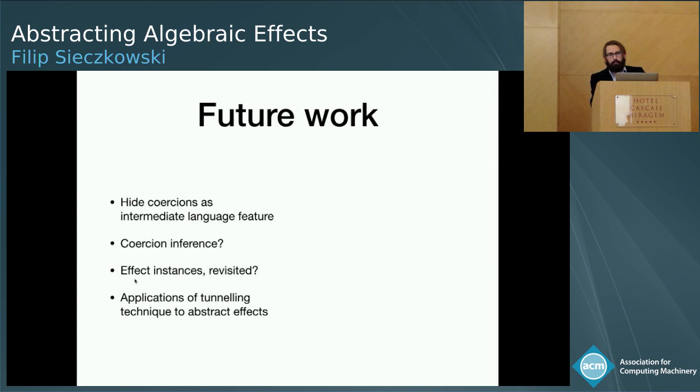The other possible direction would definitely be looking into tunneling and seeing whether it scales to abstract case, like we consider here. And we also have an experimental language called Helium that you're all very welcome to try to use and tell us what you think.